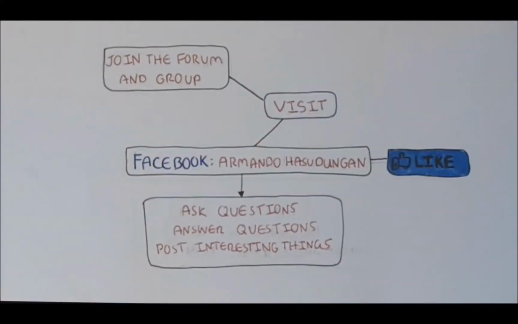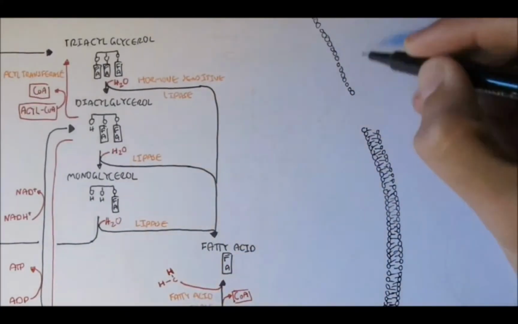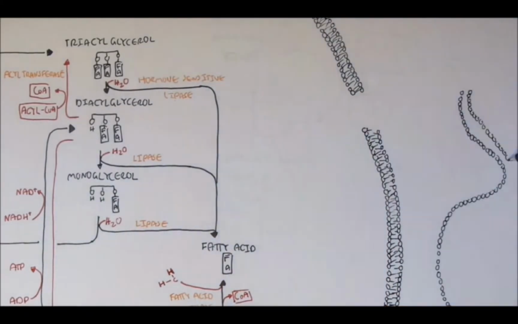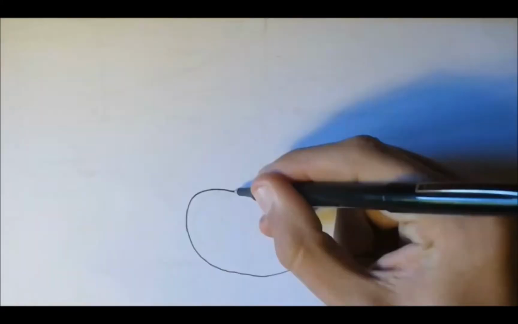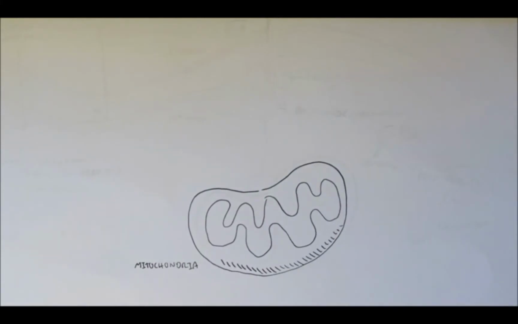As we've discussed previously, fatty acids are synthesized in the cytosol. Interestingly, however, fatty acid breakdown or degradation occurs inside the mitochondria. So here's the mitochondria. Zoom into the membrane.